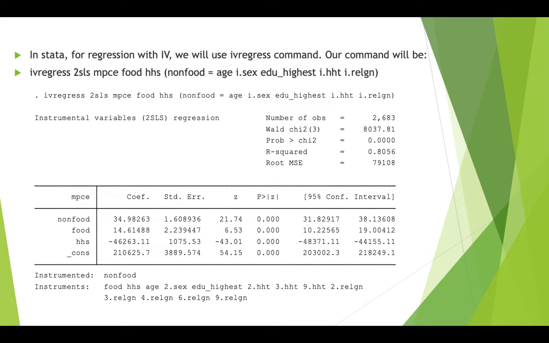So, our command will be ivregress 2sls mpce_food hhs (nonfood = age i.sex edu_highest i.hht i.religion). All these i. prefixes are used in the case of categorical variables. So, this is our regression command.